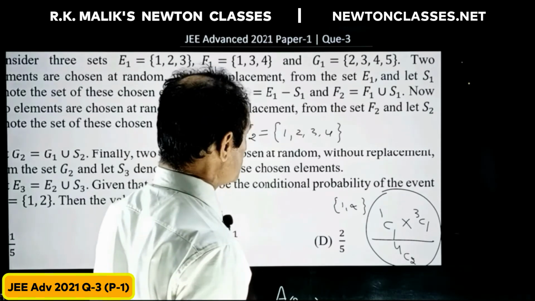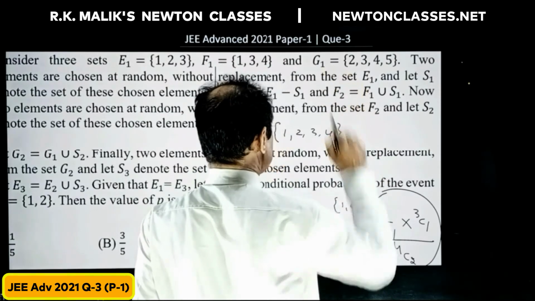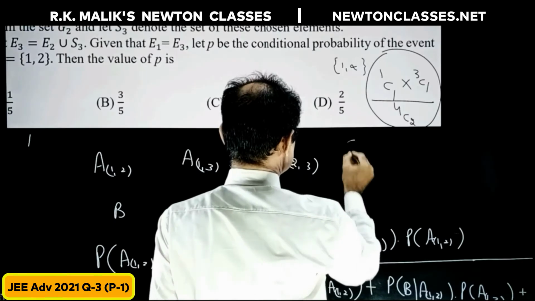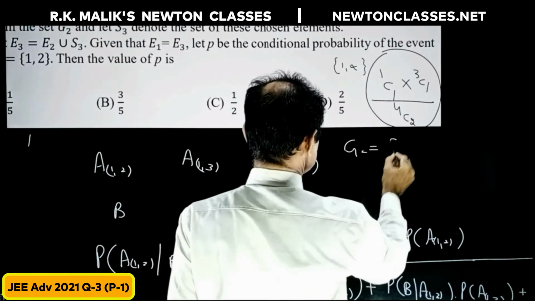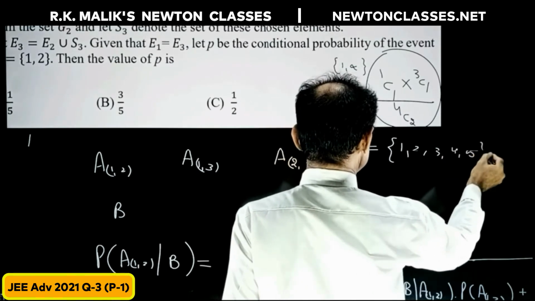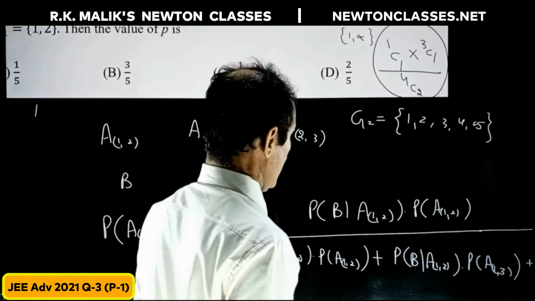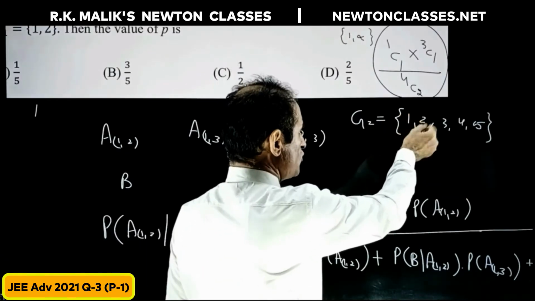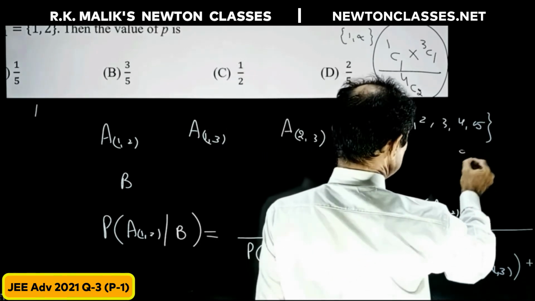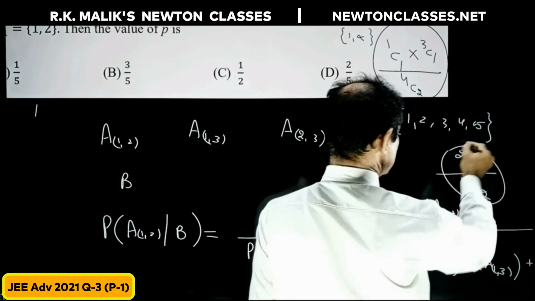And after this step, when I will place these two elements in G1 and I will make the set G2, set G2 will become {1, 2, 3, 4, 5}, because initially G1 was this. And now from G2, 1, 2 should come out. The probability of this becomes 2C2 upon 5C2.